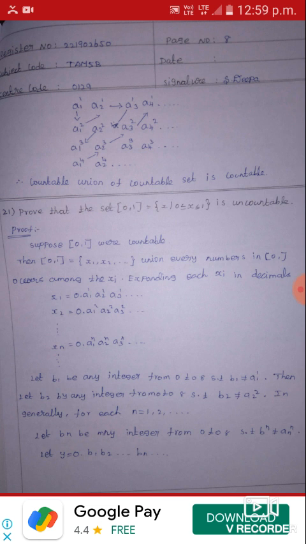Let b1 be any integer from 0 to 8 such that b1 is not equal to a1 dash. Then let b2 be any integer from 0 to 8, b2 not equal to a2 square.